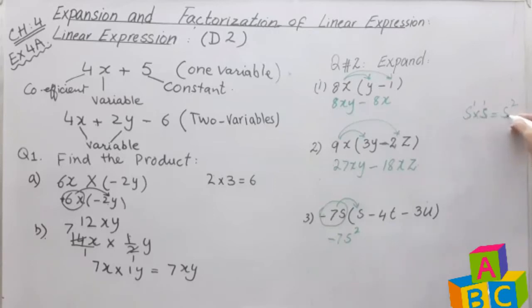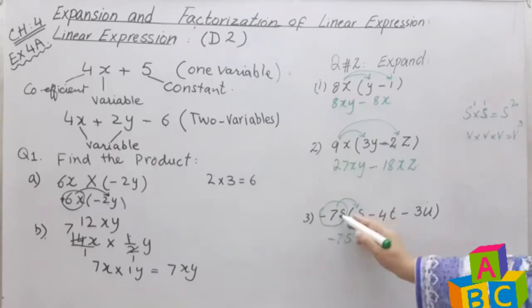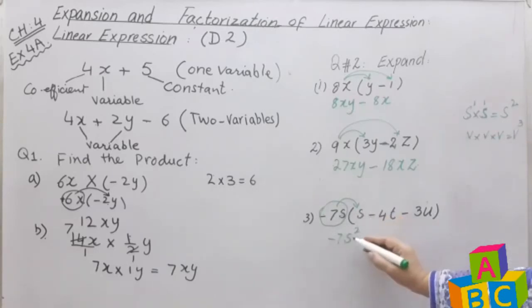So 1 plus 1 equals 2. If I multiply v by v by v, the powers are added, so it will be v cubed. In the same way, two s's multiplied with each other give s square.